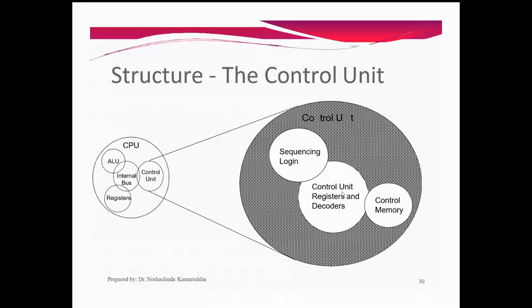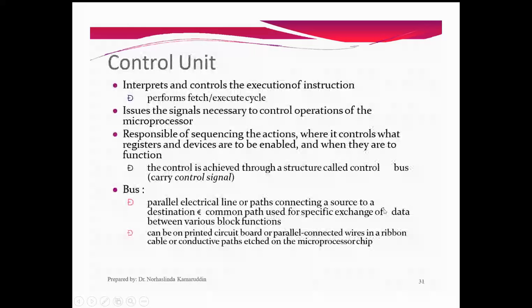Okay, so apa ada dalam control unit? So dalam control unit kita ada sequencing logic, kita ada control unit register and decoders and also we have a control memory. Normally they interpret and control the execution of your instructions.